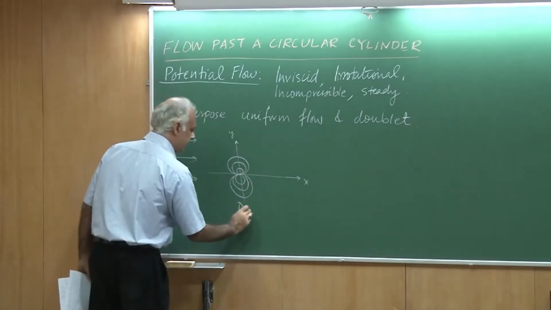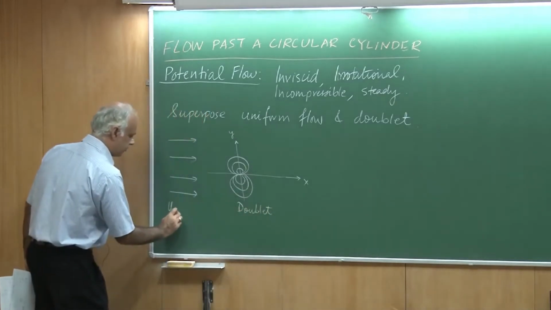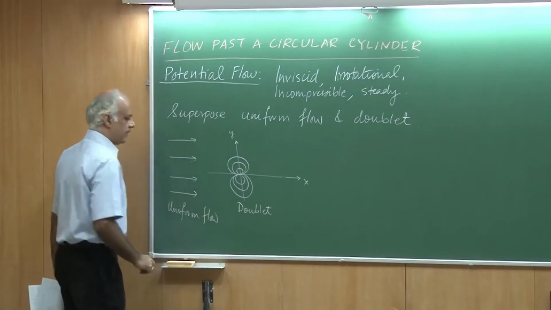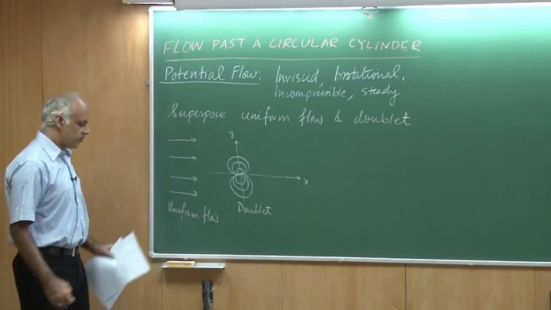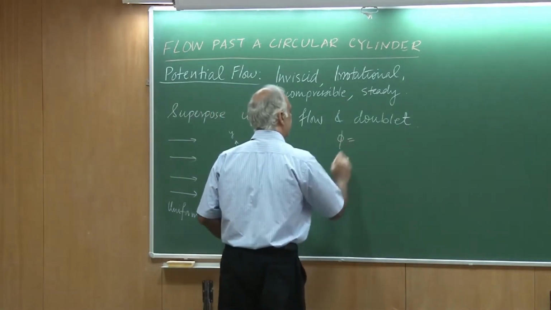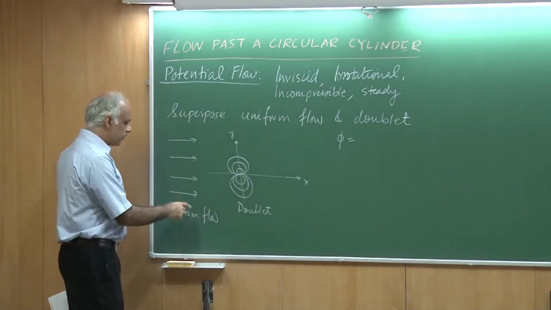So this is the doublet and uniform flow. Okay, so the resulting phi that I could write is the superposition of the uniform flow and the doublet.